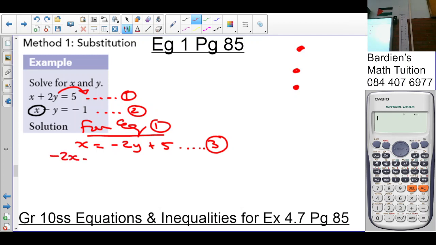You're going to say negative 2y plus 5 minus y is equal to negative 1. Okay. Now, what do we do thereafter? Solve the first unknown.